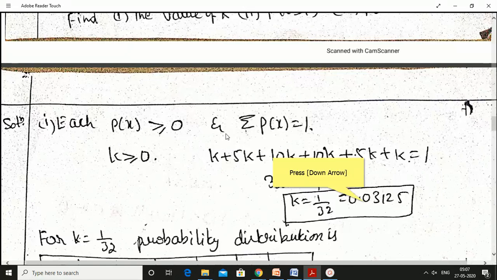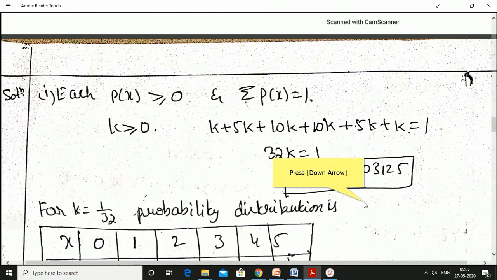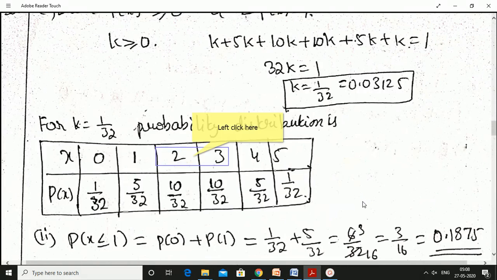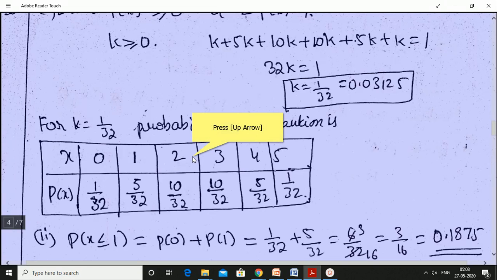If we add, 5 plus 1 is 6, 6 plus 10 is 16, 16 plus 10 is 26, 26 plus 5 is 31, 31 plus 1 is 32. So 32k is equal to 1, or k is equal to 1 by 32, nothing but 0.03125. Now, for k equal to 1 by 32, the probability distribution is x taking the values 0, 1, 2, 3, 4, 5.